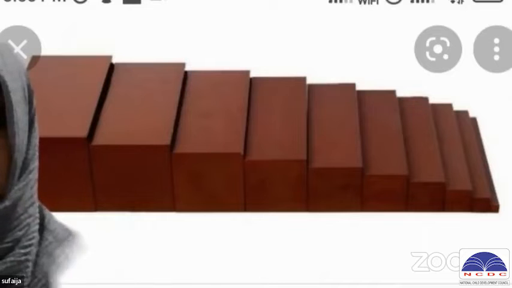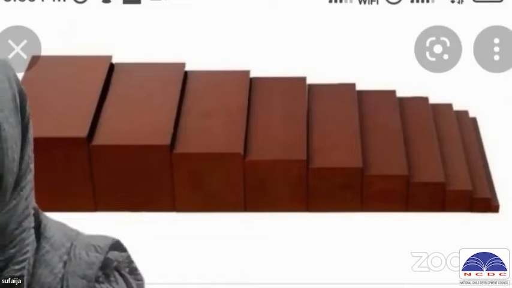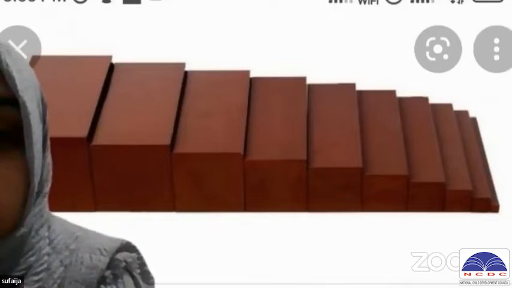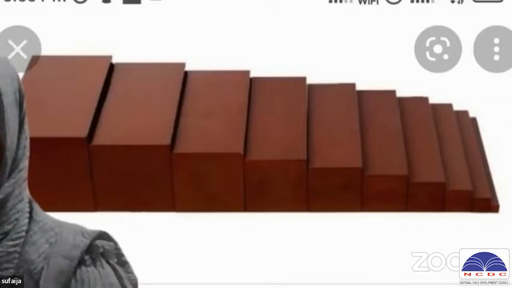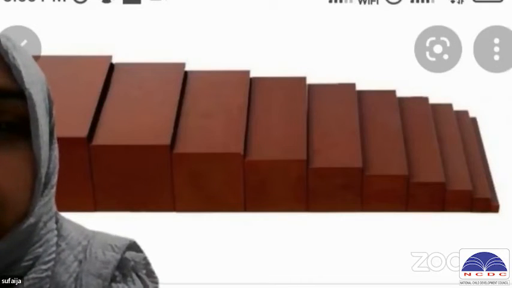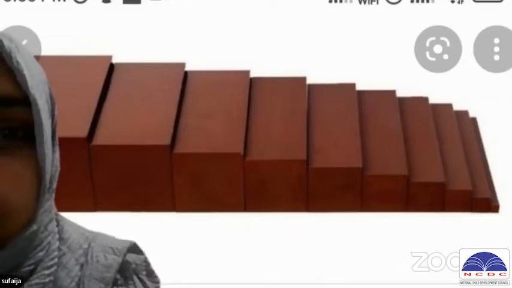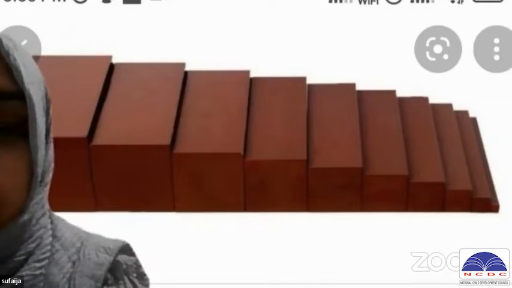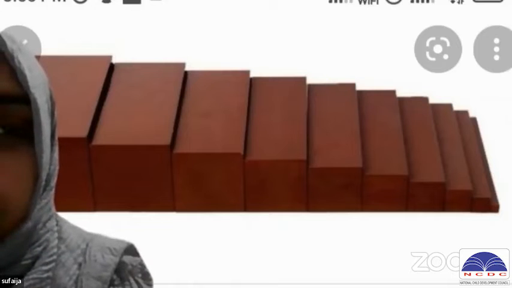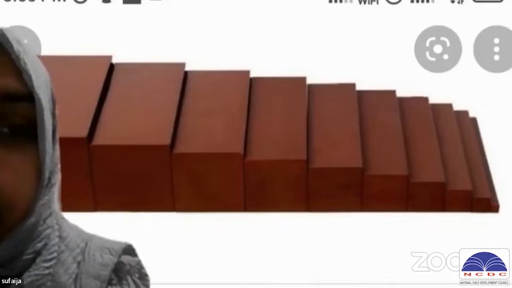Also, the brown stair mainly focuses on our child's mathematical area. Then the big one and the thick one and the thickest one. Which one is thick, which one is thin, and thickest. This is the main importance of brown stair.